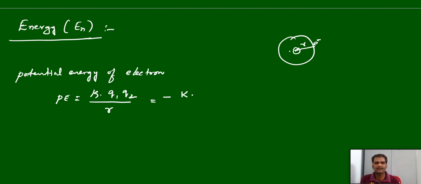And K is K. Here Q1, Q2: one is the charge of the nucleus and one is the charge of the electron. The charge of the electron is e, but the charge of the nucleus is Ze, divided by the distance, that is the radius R. Sir, why minus?